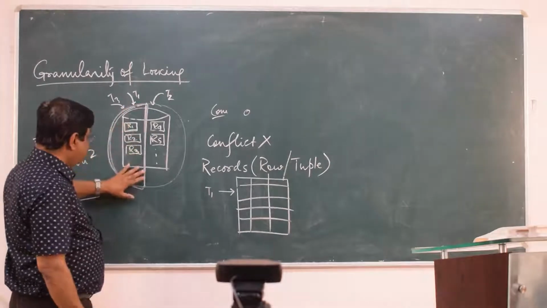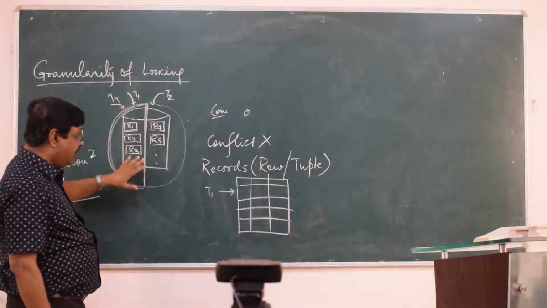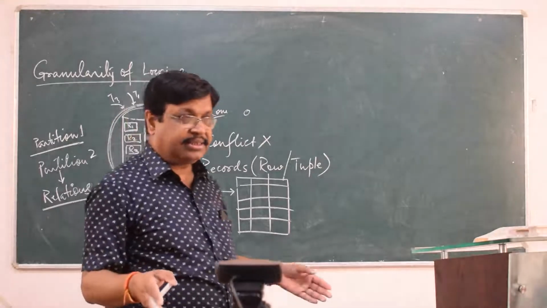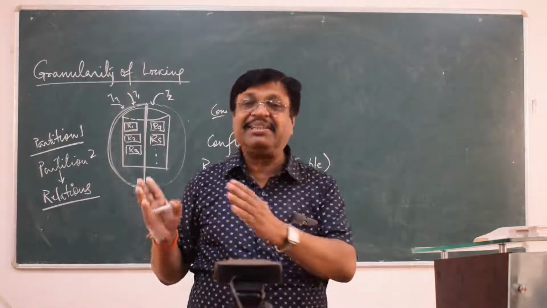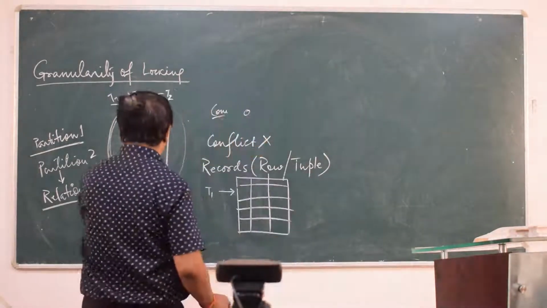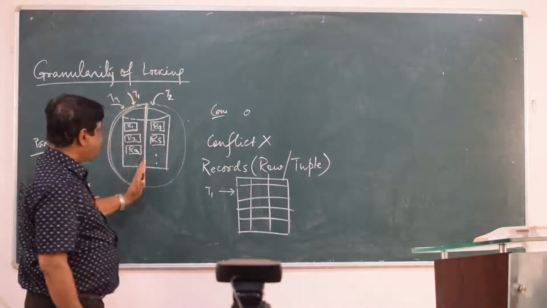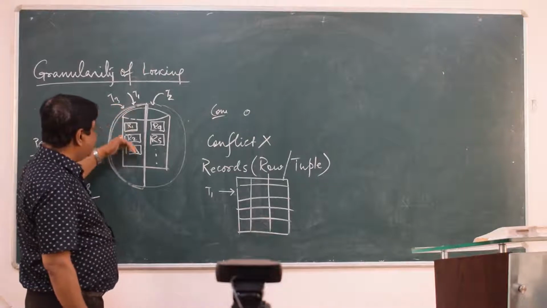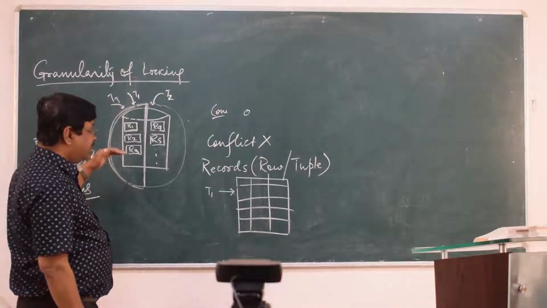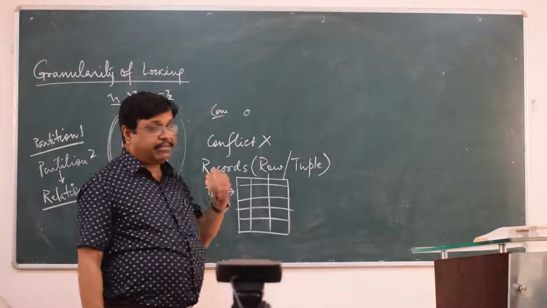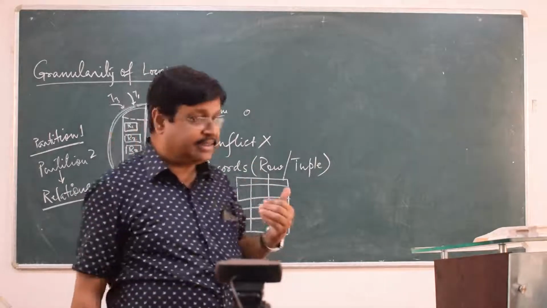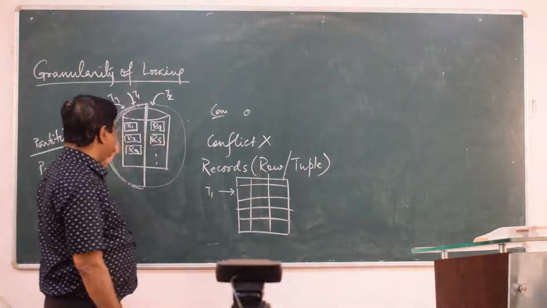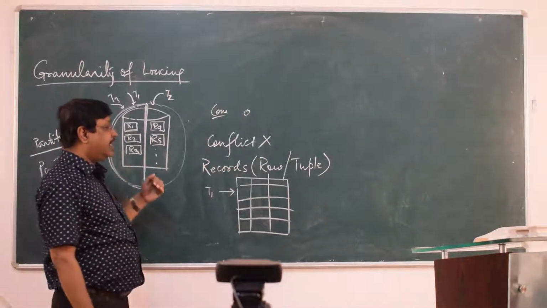I am repeating. In the first case, we lock the entire storage device by one transaction. This makes the concurrency level 0. Then the option is locking a partition. Then we might lock a relation. Okay. Now if the frequency of transactions is quite high, in that case locking a relation is not again an option.